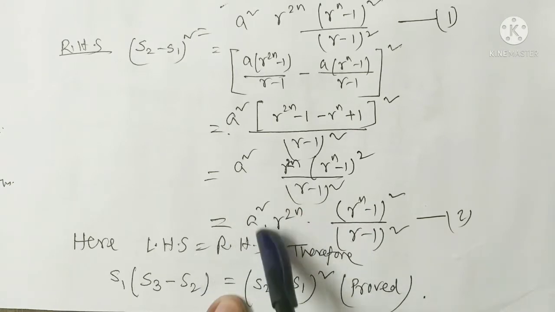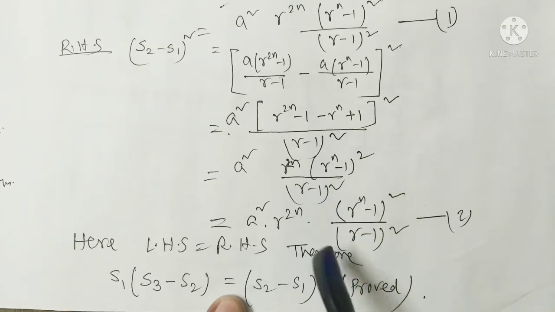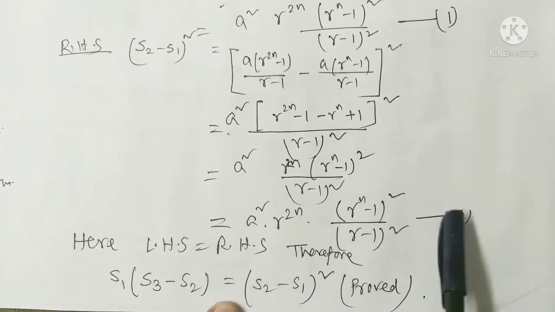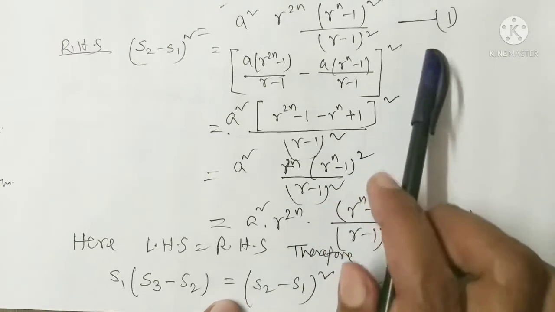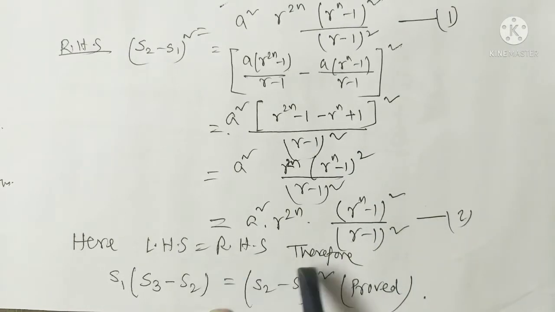This becomes A square, r to the power 2n, (r to the power n minus 1) whole square by (r minus 1) whole square. This is number 2. Relation 1 and relation 2 are exactly equal. Therefore LHS equals RHS. Hence we can write S1 (S3 minus S2) equals (S2 minus S1) whole square. That is proved.